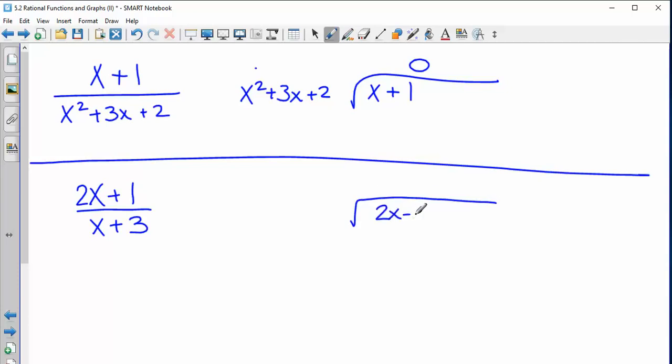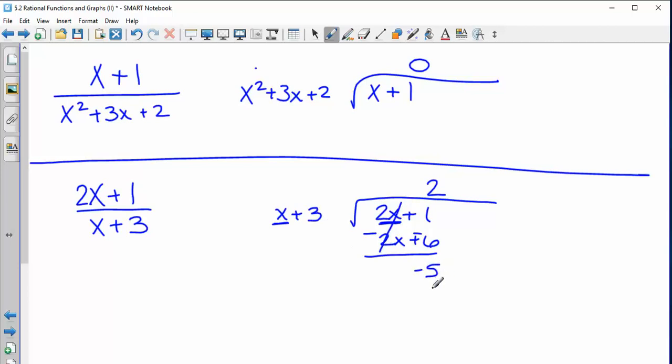So you do 2x plus 1 with x plus 3 on the outside. What is 2x divided by x? 2. And you multiply, so you get 2x plus 6. Change our signs. You guys remember doing this last semester? We did our long division. Those cancel and we get -5.